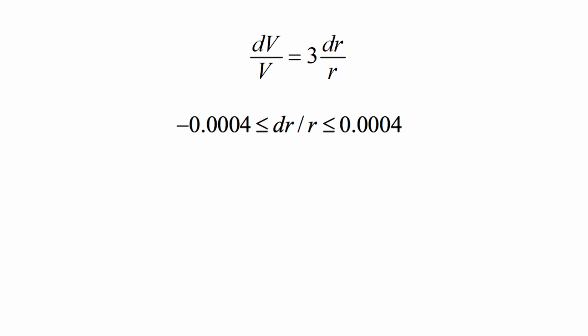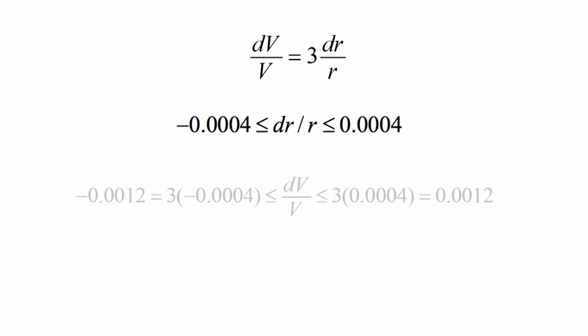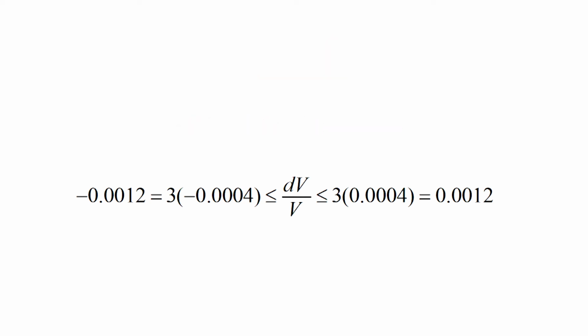Multiplying each term by 3 gives the equivalent inequalities negative 0.0012, which is equal to 3 times negative 0.0004, is less than or equal to dV by V, which is less than or equal to 3 times 0.0004, which is equal to 0.0012. Since we are using dV by V to approximate the relative error in the calculated volume of the sphere, we estimate this percentage error to be within plus or minus 0.12 percentage.